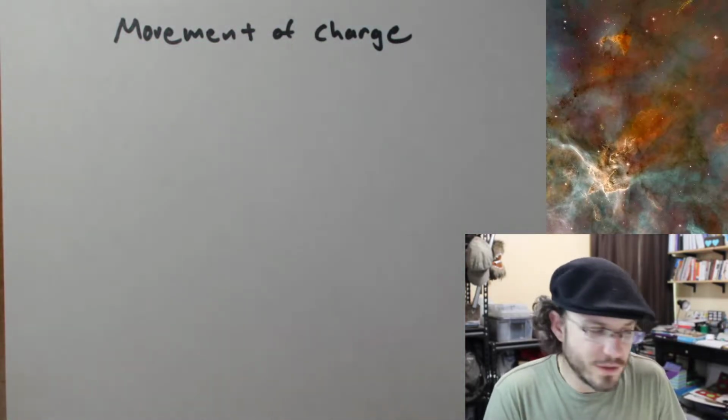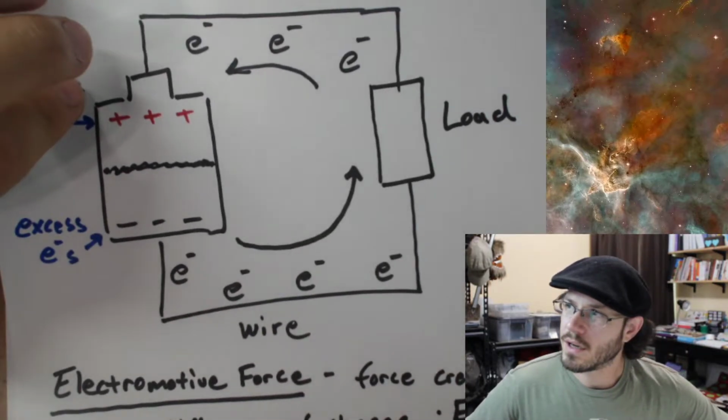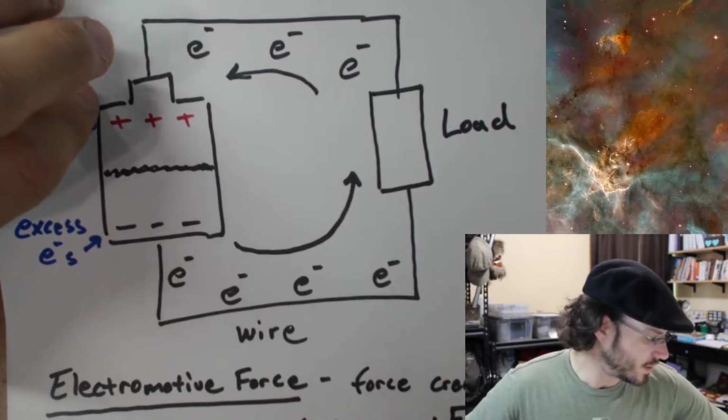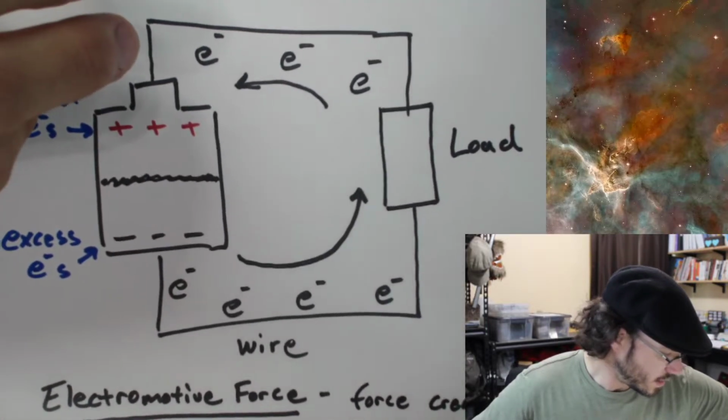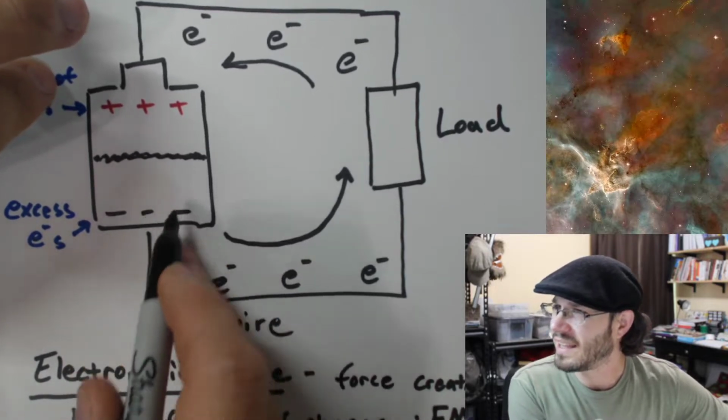All right, so as we saw, we're going to cause these E's to move around. So let's just imagine that these E's are a bunch of marbles, and let's imagine that this wire is a pipe.